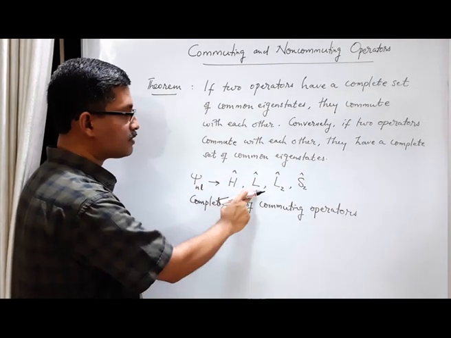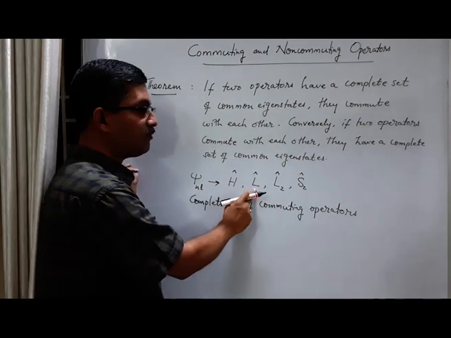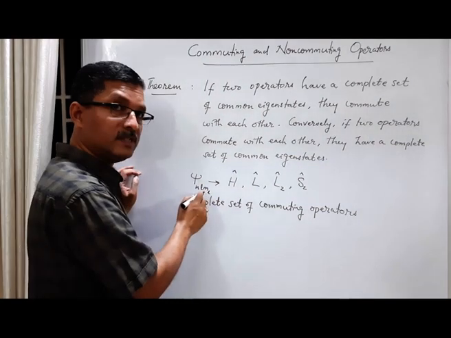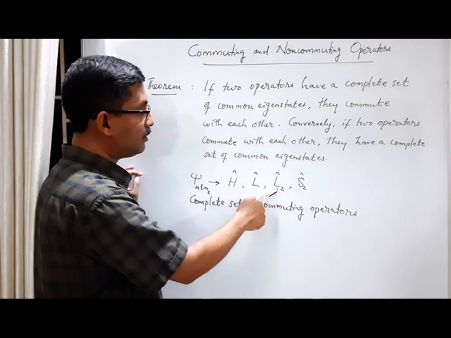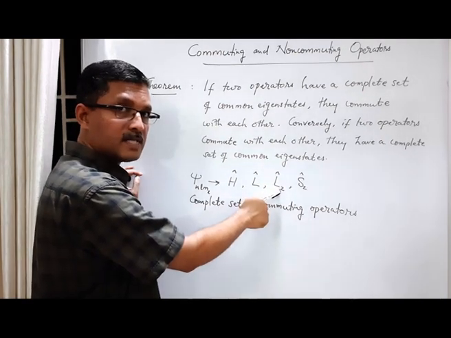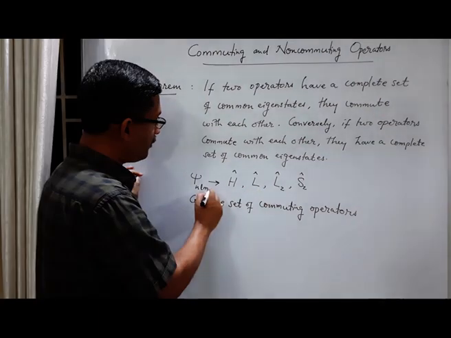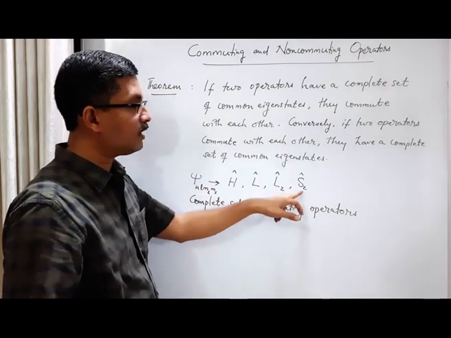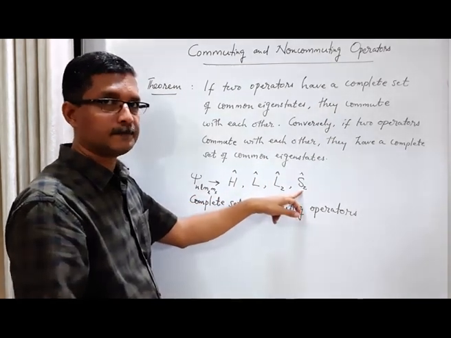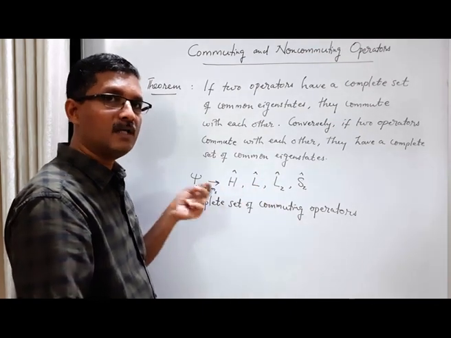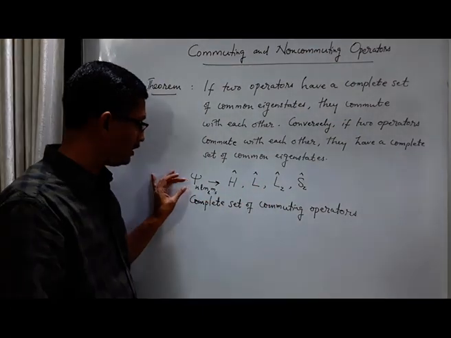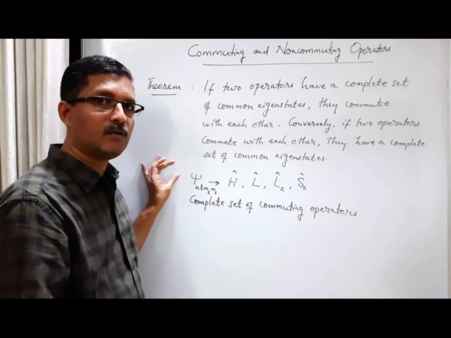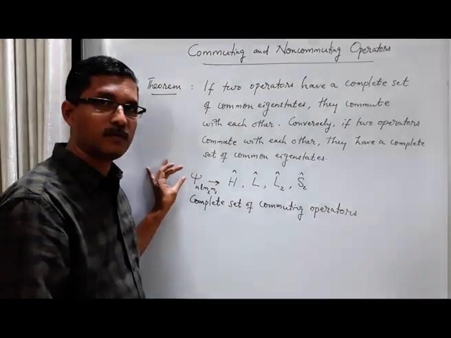The angular momentum quantum number l stands for the eigenvalue of the angular momentum operator. And m_l, the magnetic orbital quantum number, stands for the eigenvalue of the z component of angular momentum operator. And the magnetic spin quantum number m_s stands for the eigenvalue of the z component of spin operator. So instead of using the eigenvalues, we use the quantum numbers of these eigenvalues to label the state. So 4 quantum numbers are required to uniquely label a stationary state of hydrogen atom.